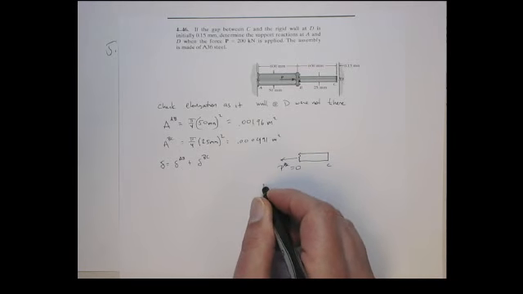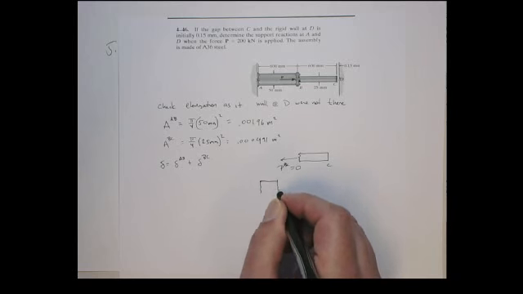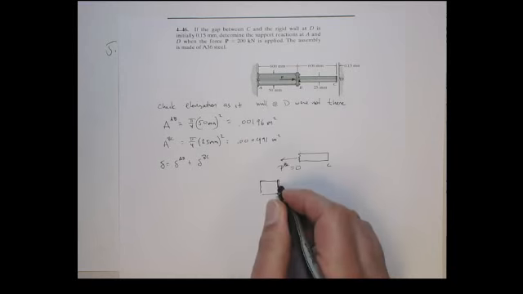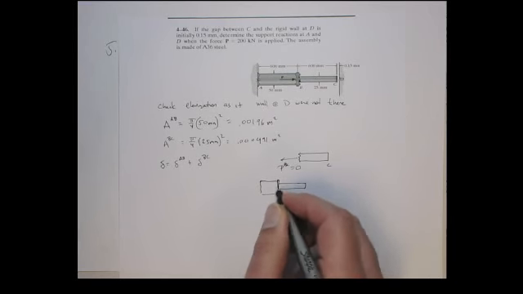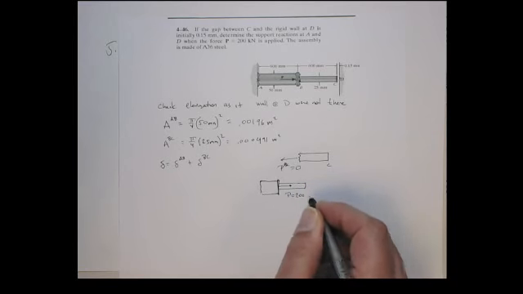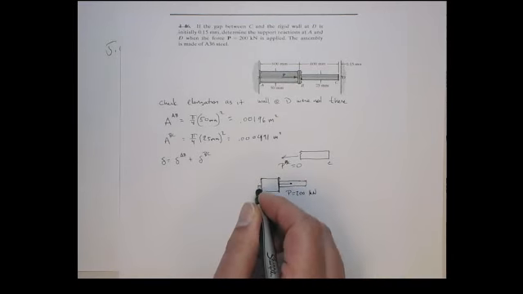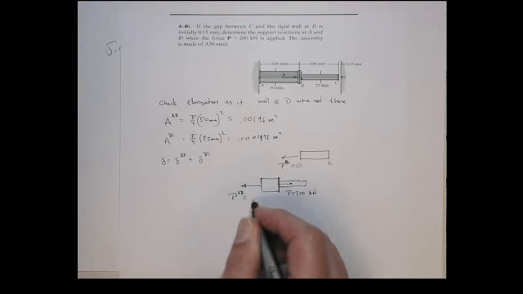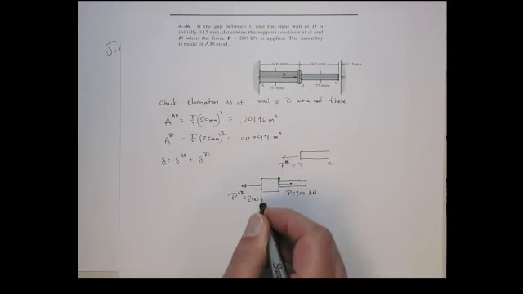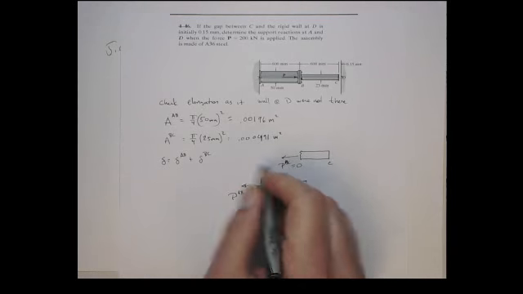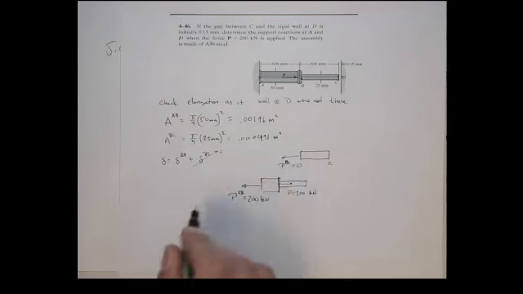The only reaction force we have is between section A and B. Here we have P equal to 200 kilonewtons, so the internal reaction force here is obviously equal to that, from the sum of forces. So the elongation of BC is going to be 0 because there's no force in it.